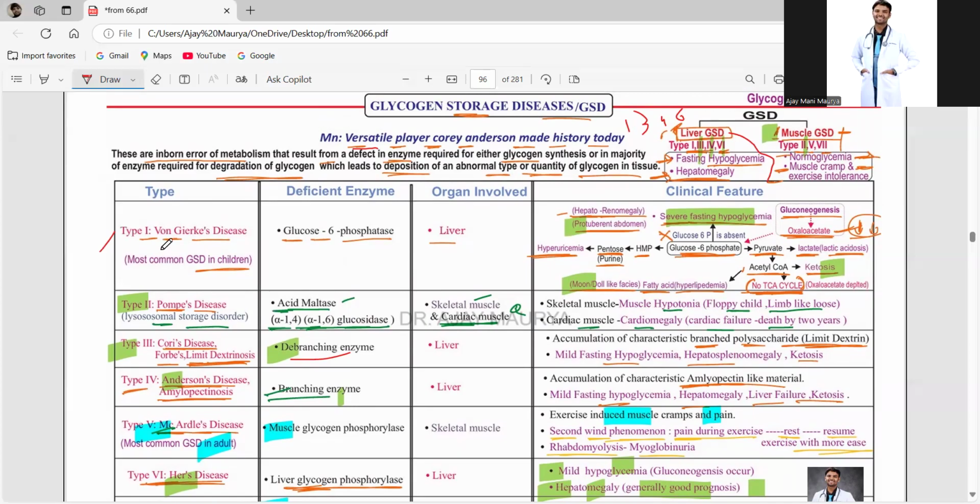What is the most common one we have been studying in children? The enzyme deficiency is glucose 6 phosphatase, in the liver.